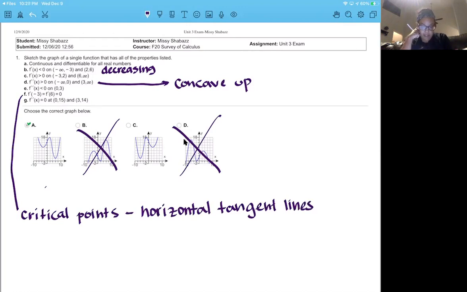Then it says F double prime equals 0 at 0.15 and 3.14. So that means they have possible points of inflection.